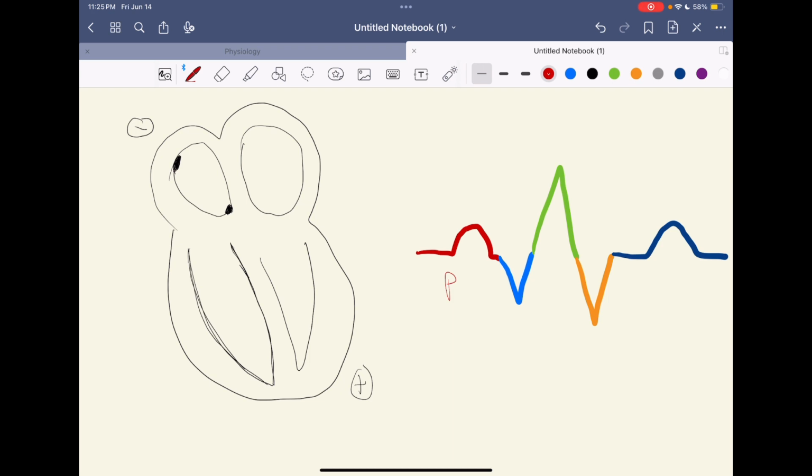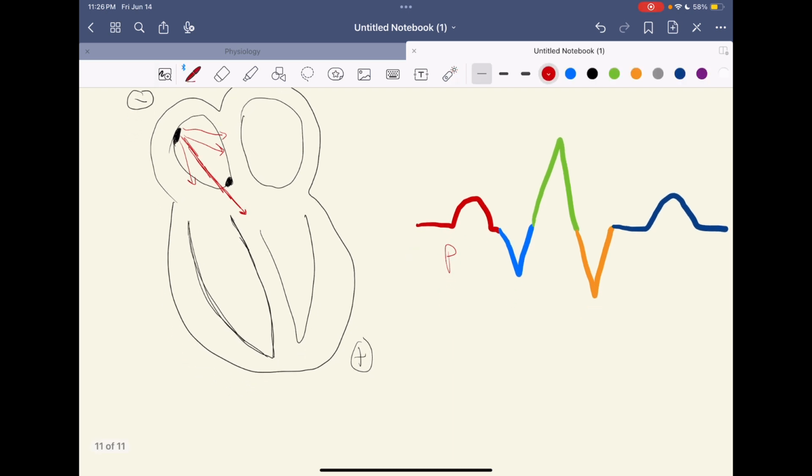The size of this hump is produced by the vector of the depolarization. It starts here and goes across the entire atrium, but its overall vector is toward this positive lead. So our bump moves upward, not a ton, but it does completely go upward there.